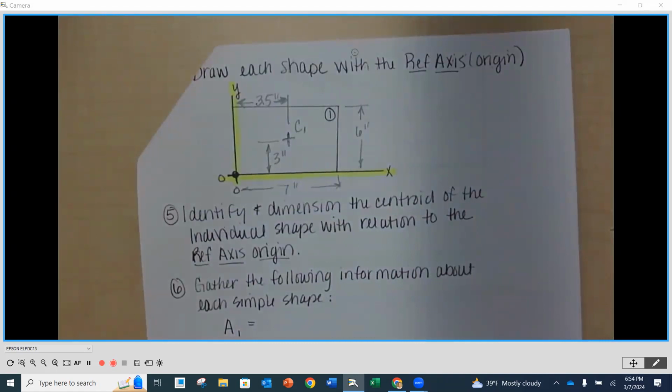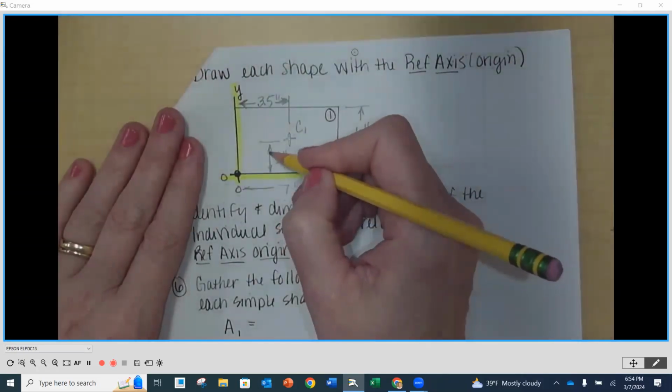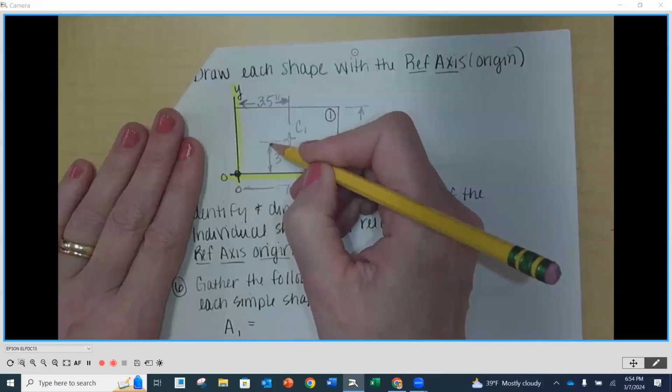Now, to identify their direction, I need to identify an X1 and a Y1. So it's going to be the X dimension to the centroid for shape number 1 and the Y dimension to the centroid for shape number 1. Okay, so basically it's whichever dimension is in that direction. So for instance, my 3-inch dimension is going in the vertical direction.